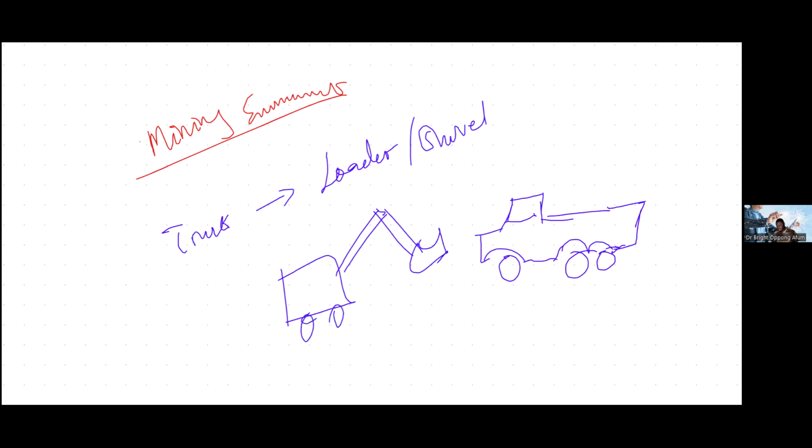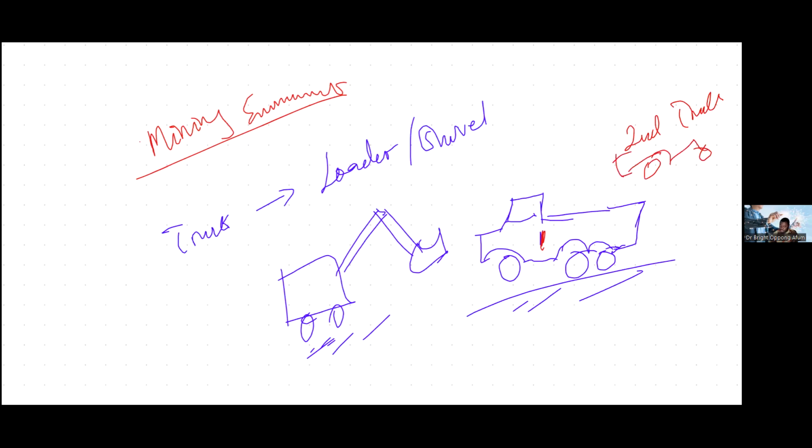The truck comes in and is able to maneuver, turn around and be loaded. There could be one truck here, and another, second truck coming from this side, also coming to be loaded.